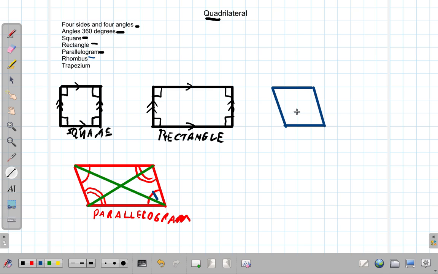First of all, it is a parallelogram. Has to be. The opposite sides must be parallel to each other, right? Now, the diagonals bisect each other at 90 degrees at all times. These two diagonals, they bisect each other, and the angle formed must be at 90 degrees.